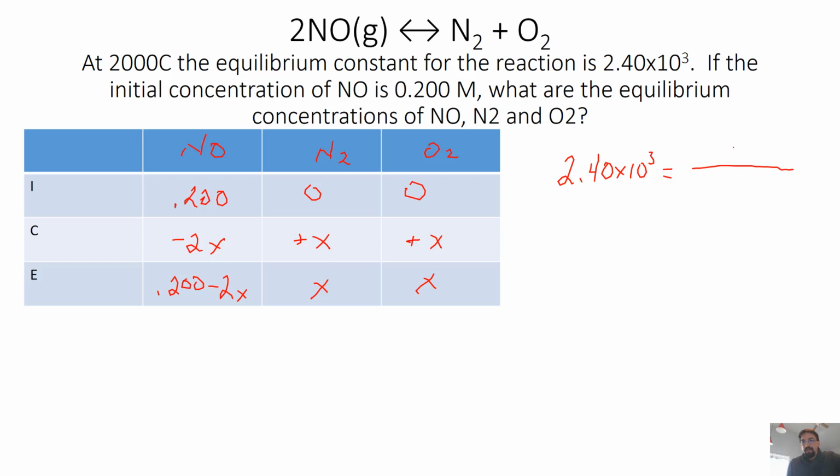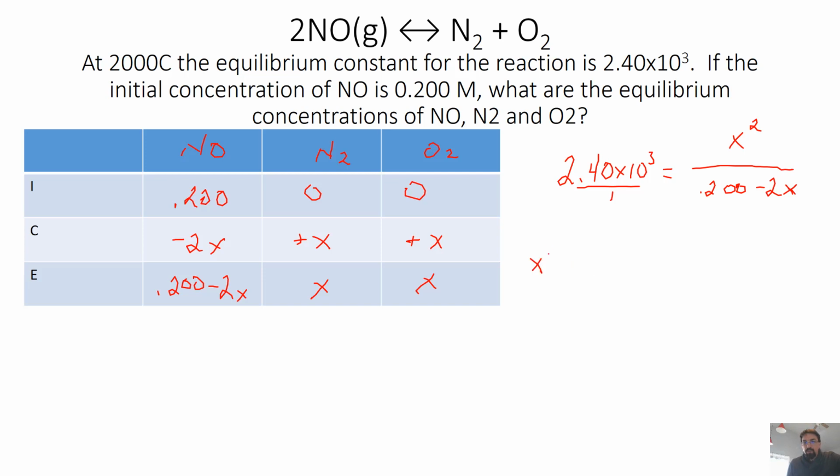Okay. That means I've got an X squared term up on top because essentially it's nitrogen times oxygen. X times X is X squared. And on the bottom I'm going to wind up with 0.200 minus 2X. I'm going to cross multiply here to get things all into numerators.